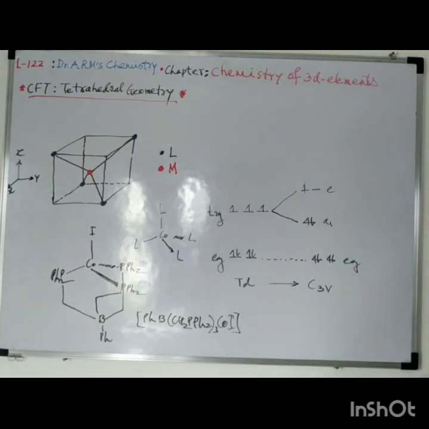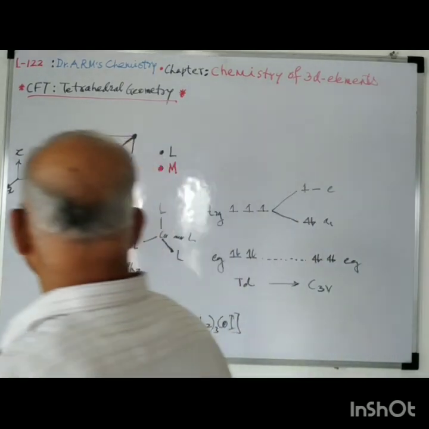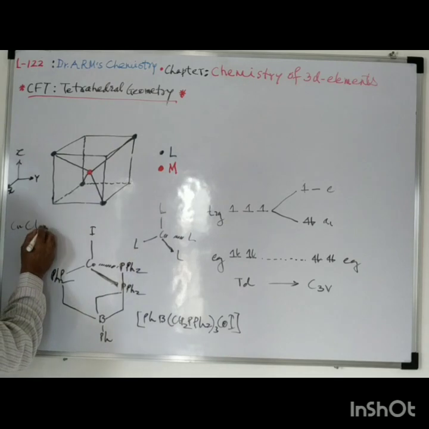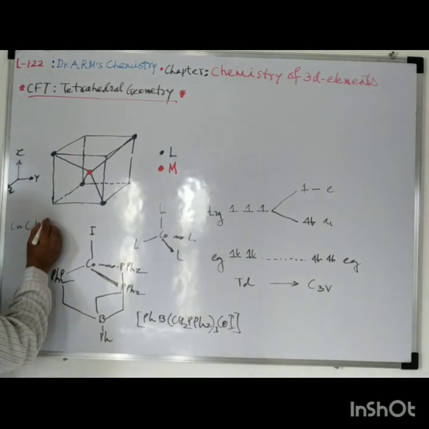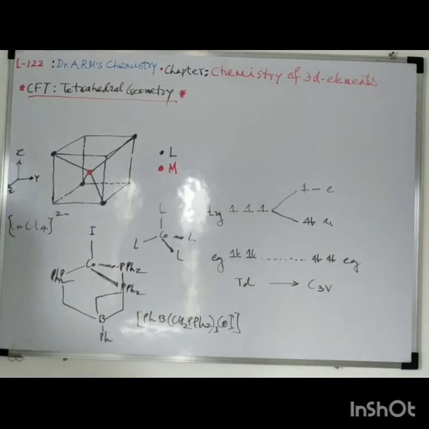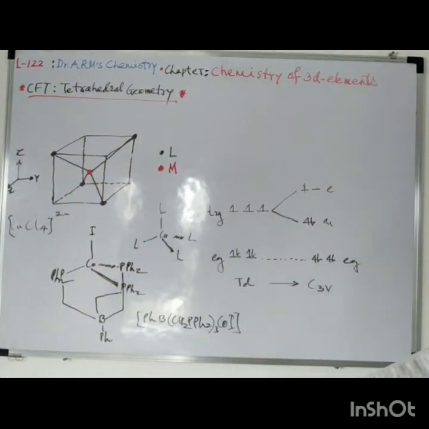Now we can consider other examples also, such as copper complexes, CuCl4 2 minus complexes.